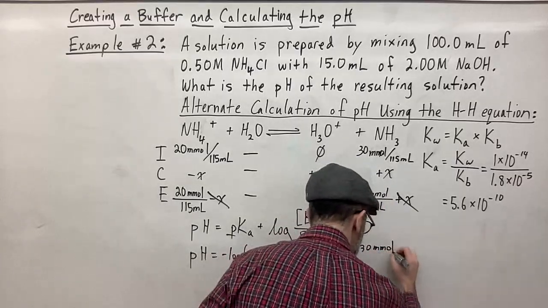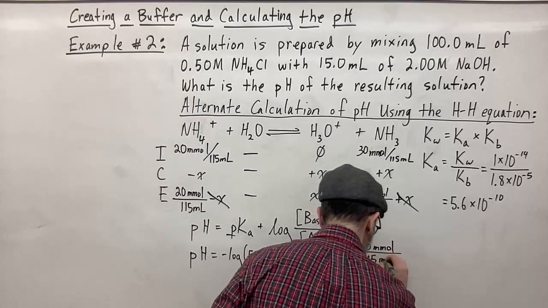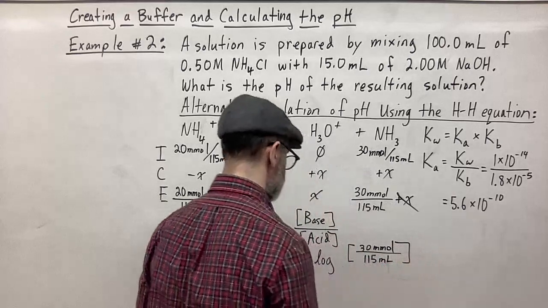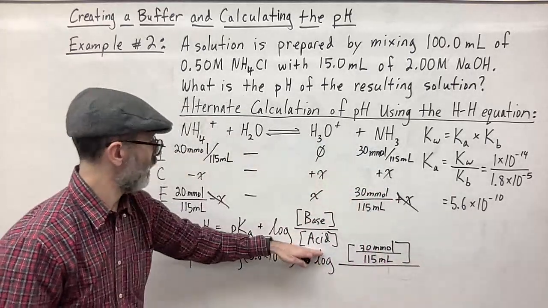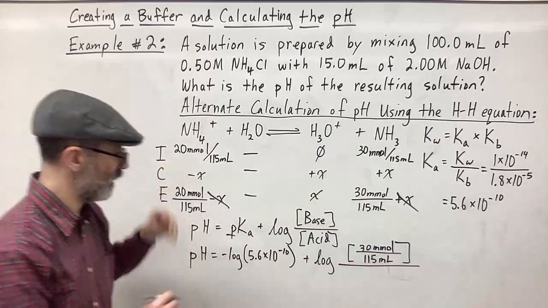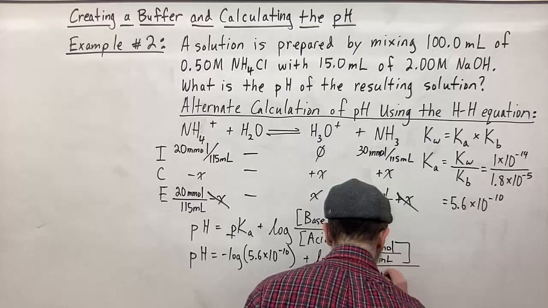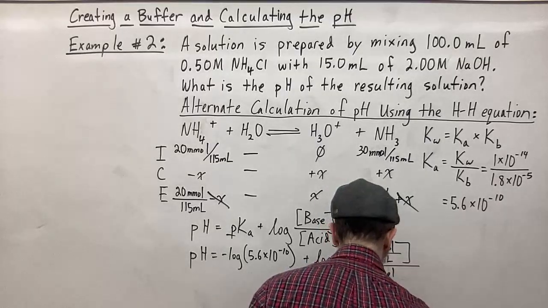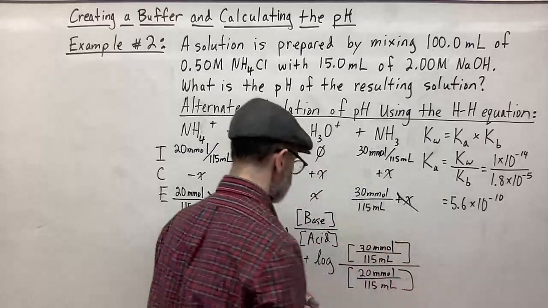So we're going to put 30 millimoles over 115 milliliters, and then the concentration of the acid, which is this right here. So it's going to be 20 millimoles over 115 milliliters.